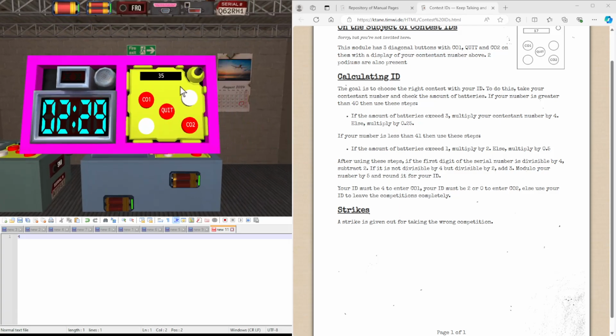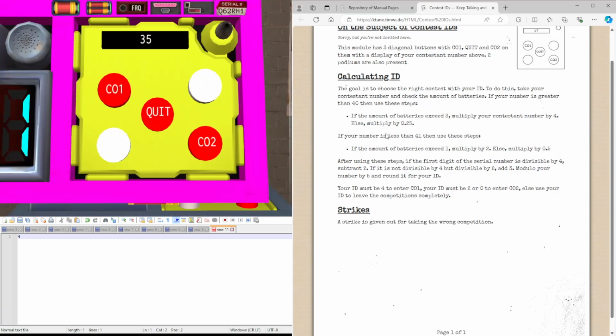Let's do one more example. 35. This is less than 41 this time. And the amount of batteries does exceed 1. When it says exceed in both these cases, it being exactly 3 or exactly 1 here does not count as exceeding it. So, the batteries does exceed 1, so we're going to multiply by 2. 35 times 2 is 70.